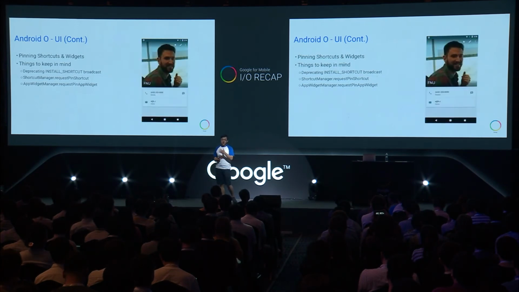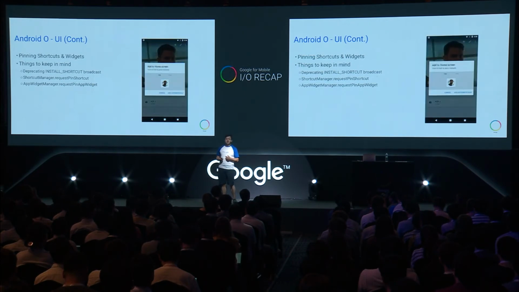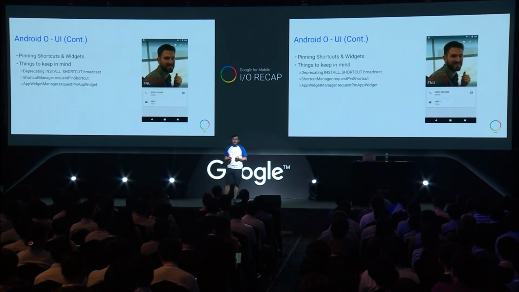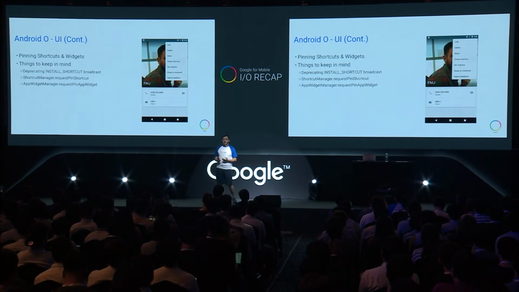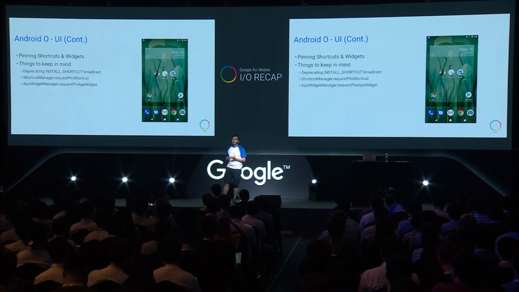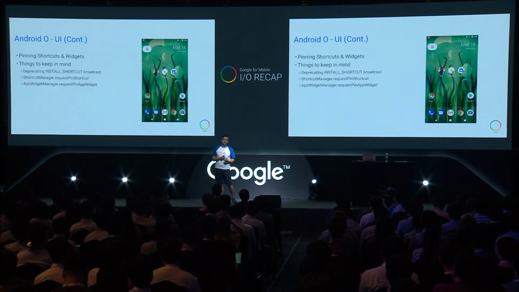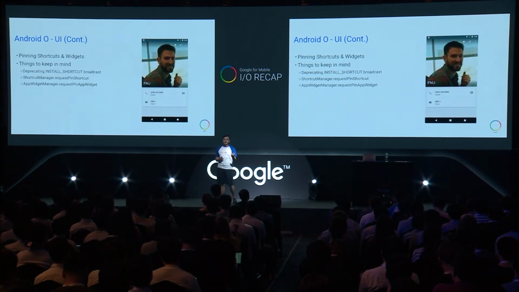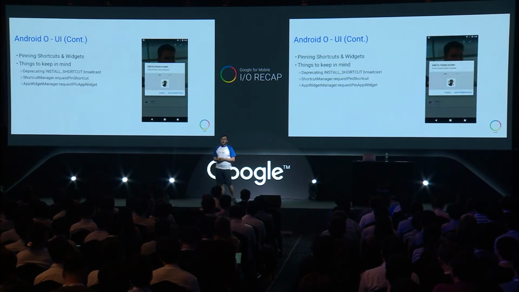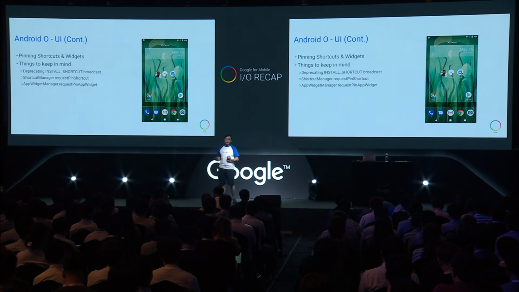So this allows you to trigger the shortcuts mechanism directly from your application. Also, in the past, through the broadcast, it was impossible for you to find out whether the shortcut was successfully added to the home screen. Now with the new API, there is a callback you can get from the request, and you can do some additional processing.